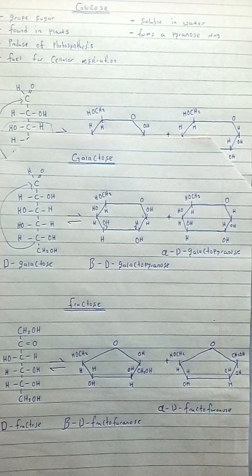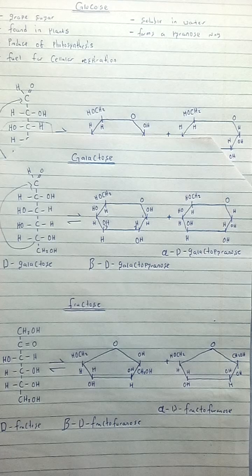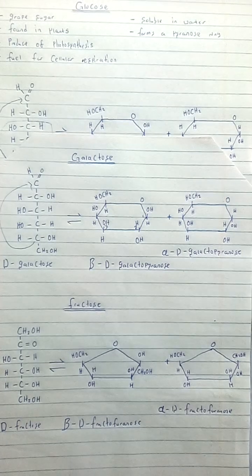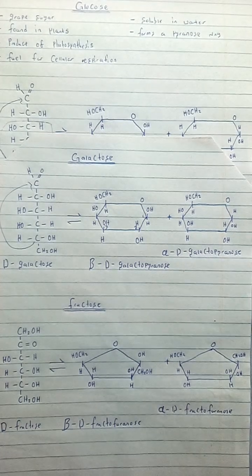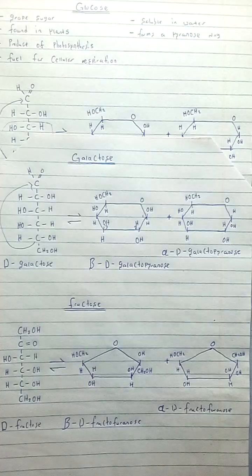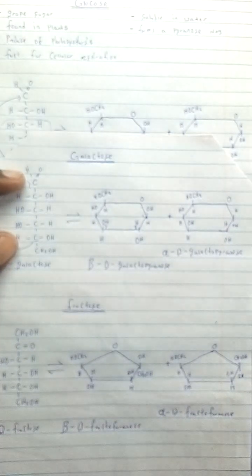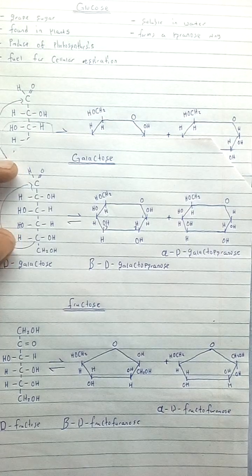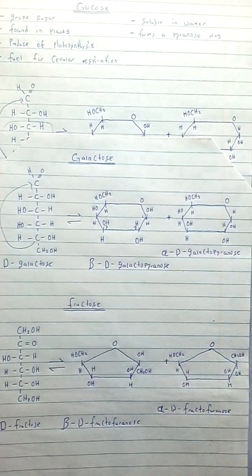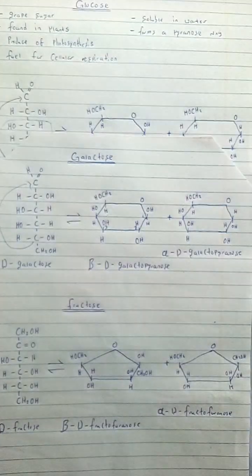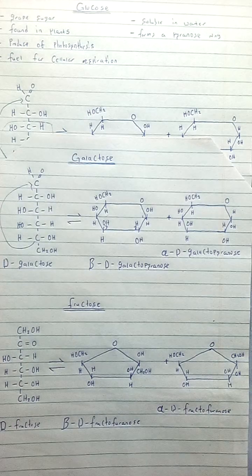Examples of monosaccharide isomers include optical isomers, which are molecules that rotate polarized light to the right or left. Which ones are these? I've got the D form and the L form. For example, D-glucose and L-glucose.